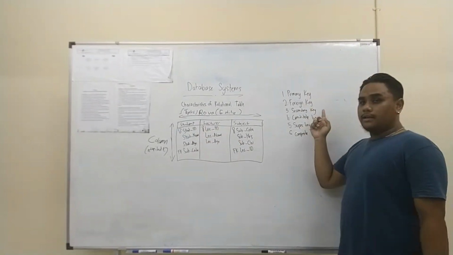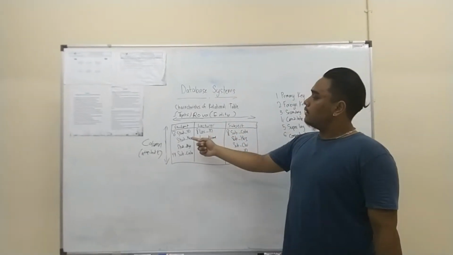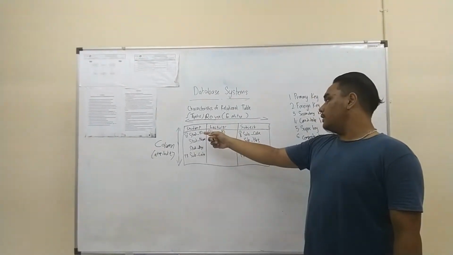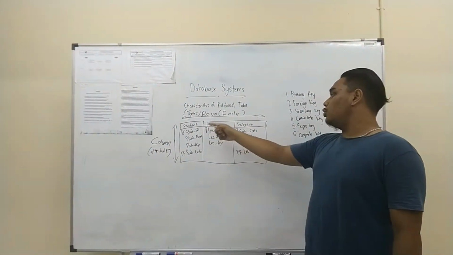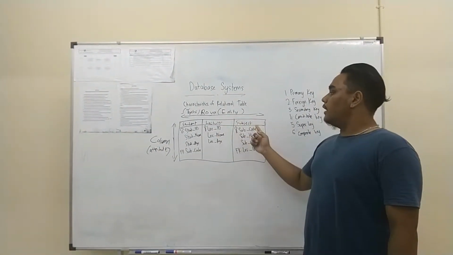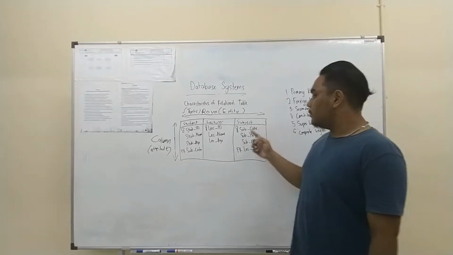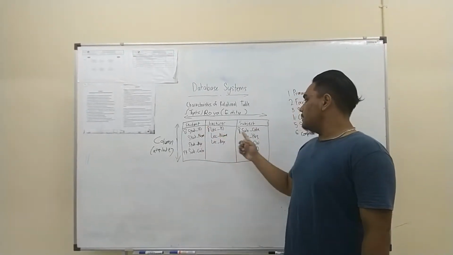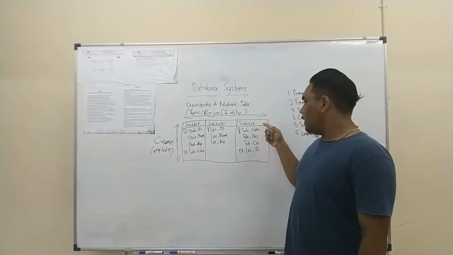Whereas the foreign key is basically a primary key in this entity or any other entity that will go to another entity. So for example, subject code, which is under student, is from the subject entity.